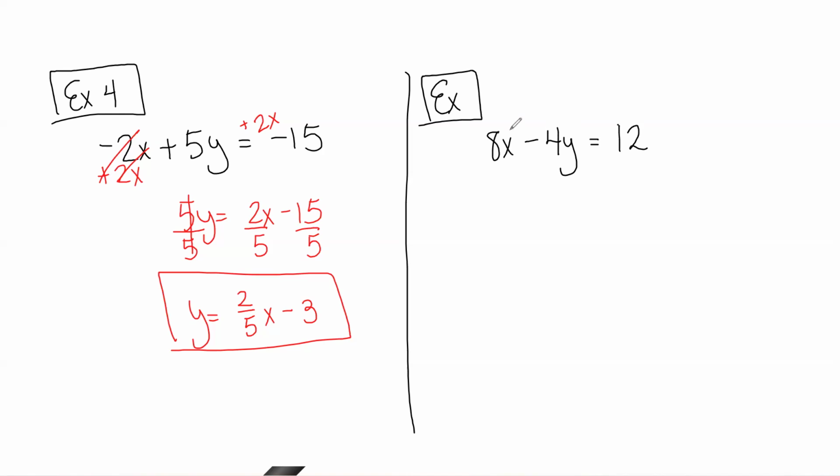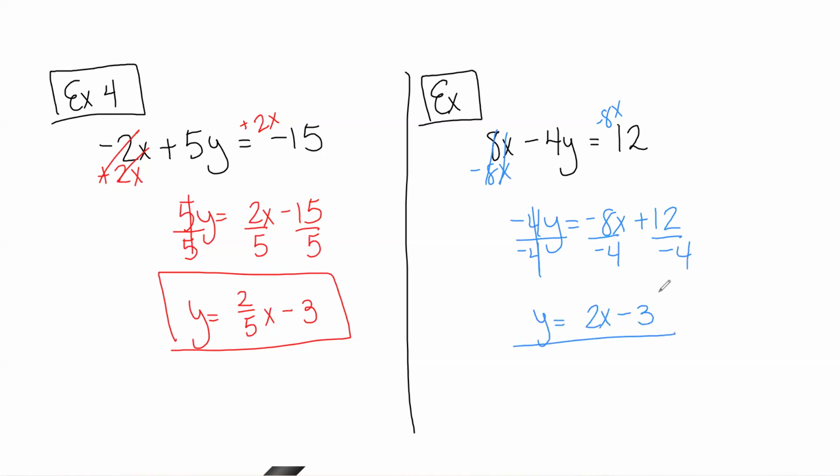Let's move the x. That's positive 8x, so we will subtract. That goes in the front. That 12 is regular or positive 12. And then let's divide all the way through by -4, giving us 2x minus 3. Watch your signs there, and you'll get it every time.